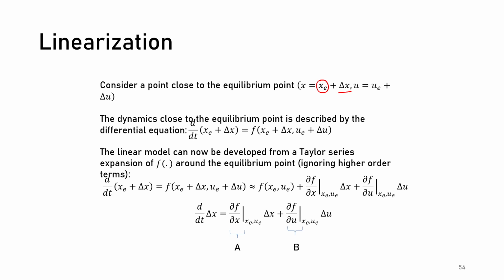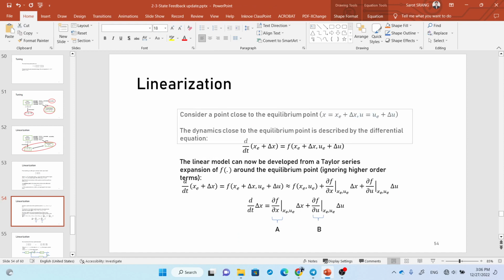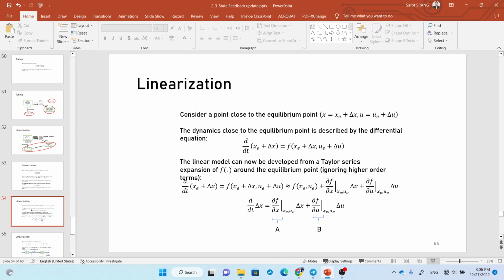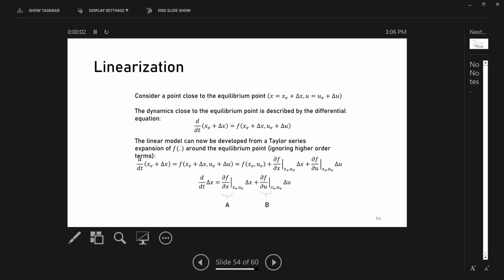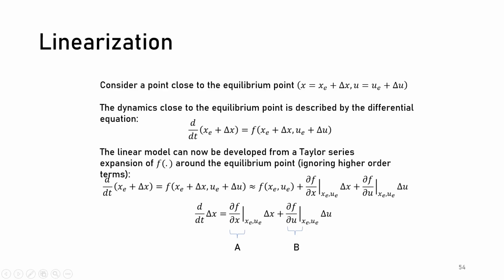If h is far away from h equilibrium, delta h is large, something like that. Similarly, u equal to u equilibrium plus delta u. This does not look very nice, so I change it a little bit.